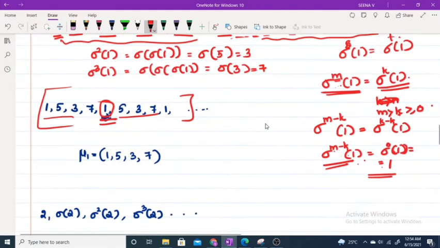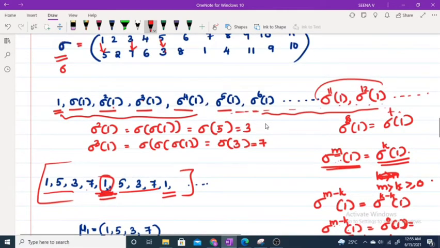Okay. And here the value is again 1, repeated many times. So 1, 5, 3, 7, 1, 5, 3, 7: this is sigma of 1, sigma square of 1, sigma cube of 1, this is sigma raised to 4 of 1.